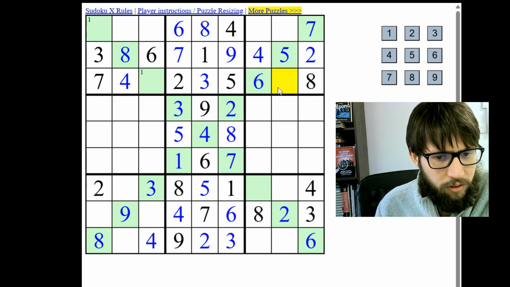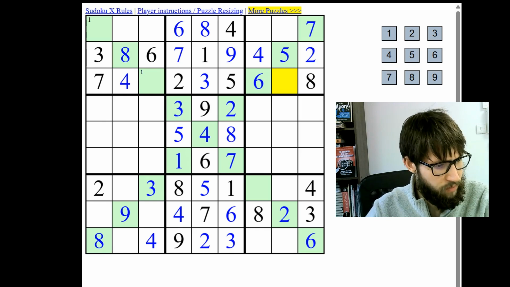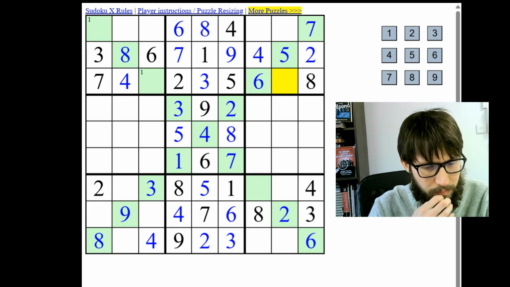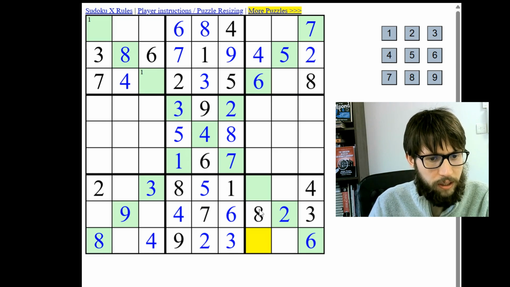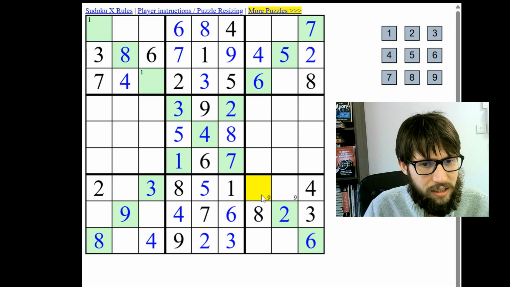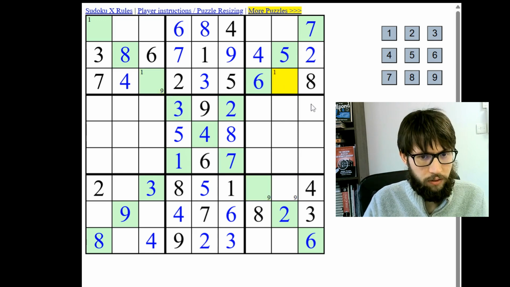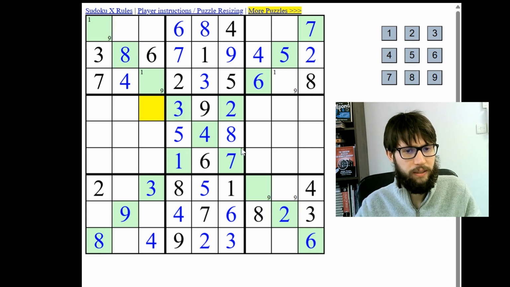I don't know if there's any way to determine it just yet. Let me think. There's got to be a way, I'm certain of it. Because I know my 9 is reduced to either of these two squares, unless there's something else in play. So that's 1 or 9. That's 1 or 9. That's 1 or 9, I think. There must be some way to break this impasse.